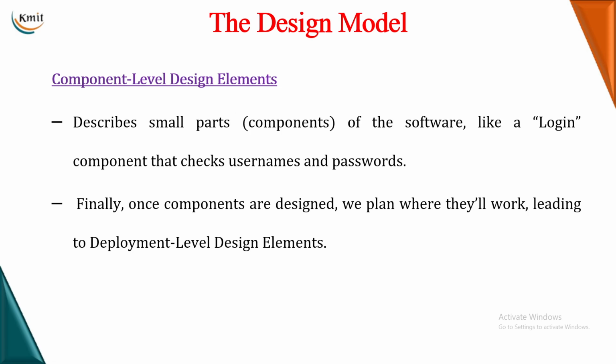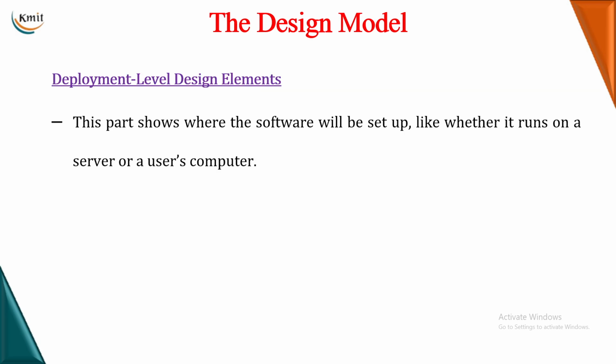So these are the various types of elements that you have under the design model: the data design element, architectural design element, interface design element, component level element, and the last one is the deployment level design element. This basically shows how my software will be set up in the real world. It describes where each part of the software will run.